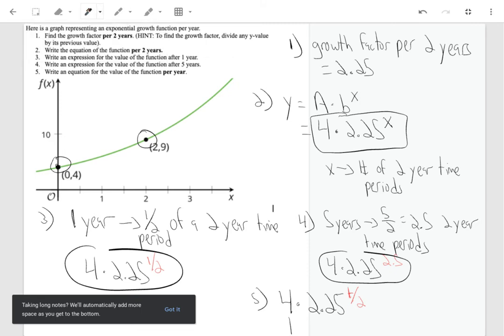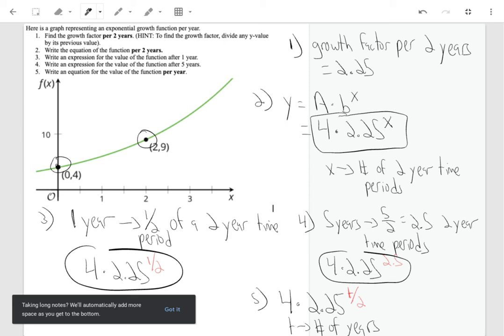So that right there is my equation for the value of the function per year. And if you check that against number 3 and number 4, it works out just fine.